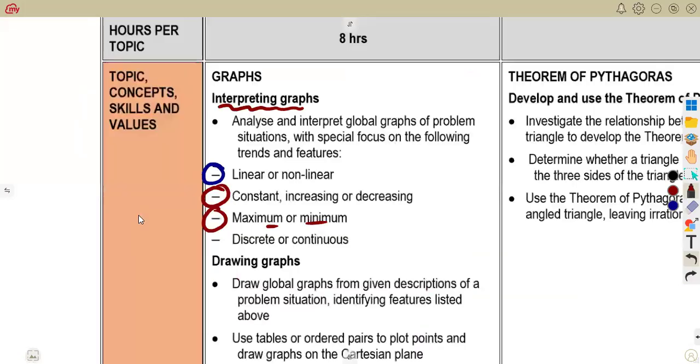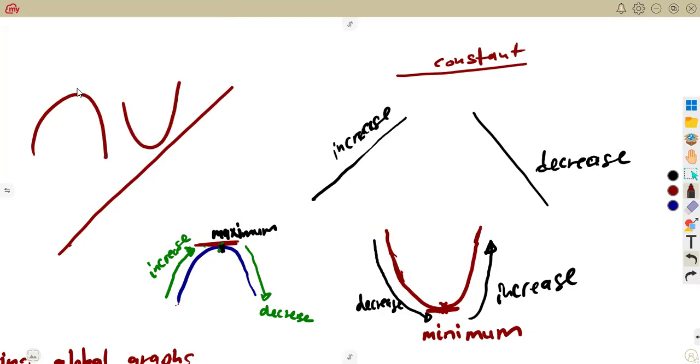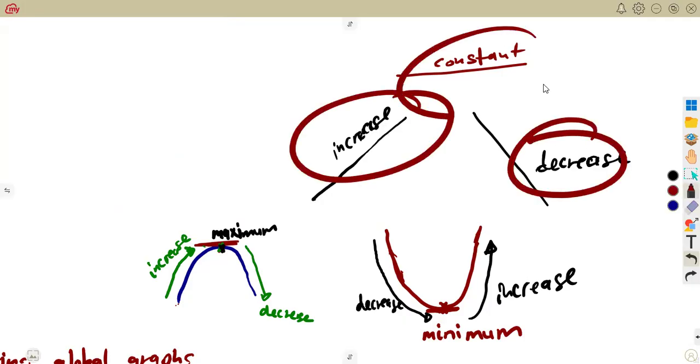So we talked of these terms, maximum and minimum. On a straight line, we say the rate of change is the same. We are not having a maximum. A maximum is considered when there's a curve. That is where you think of maximum or minimum, not on a linear function. On a linear function, just think about an increase, a decrease, and a constant.